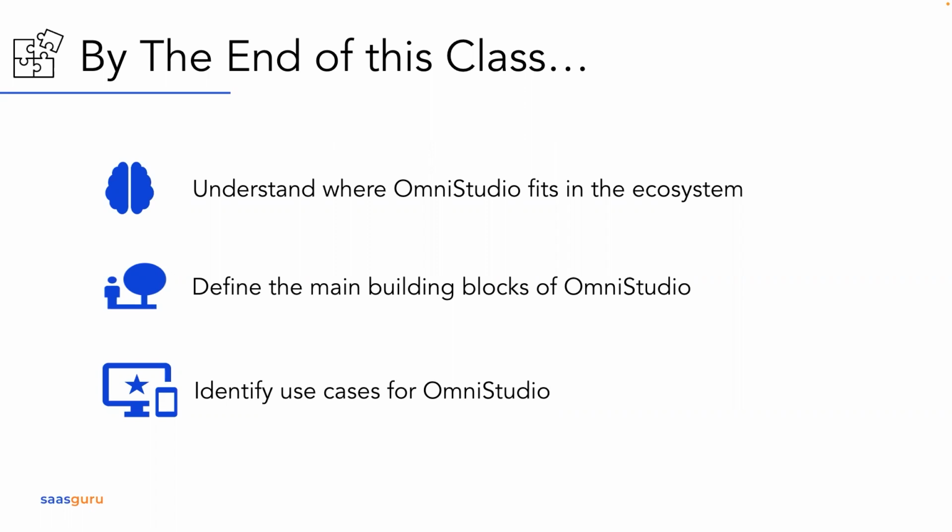What does it do actually? You'll also be able to define the main building blocks of OmniStudio and identify potential use cases for it. Now, one thing we're not going to do: we're not going to be doing development, we're not going to do hands-on exercises. I'll tell you more about this opportunity, about the hands-on and learning more in depth for development, at the end of the class. So please stay with us. I promise it will be valuable.